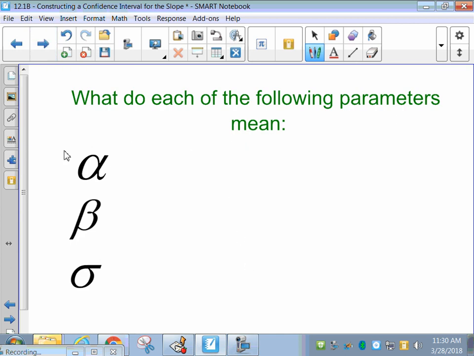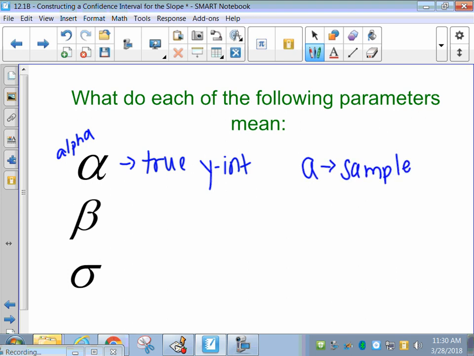So this guy right here is alpha, that's how we say it, and this represents the true y-intercept. Okay, this a like this is the sample one, the sample y-intercept. Beta is the true slope, and then our b is the sample slope.